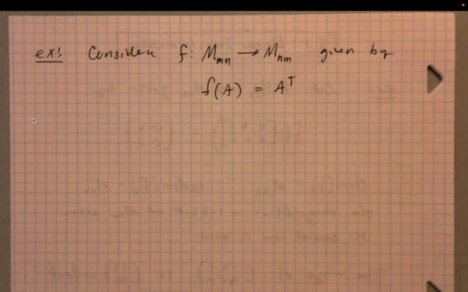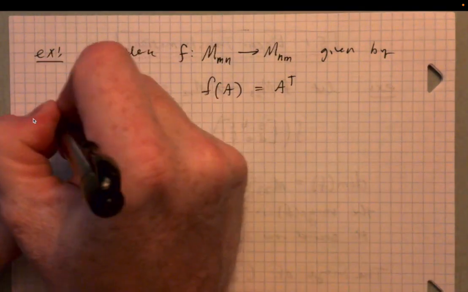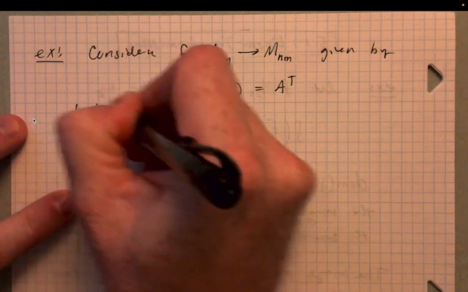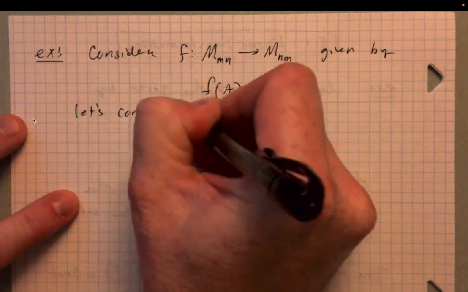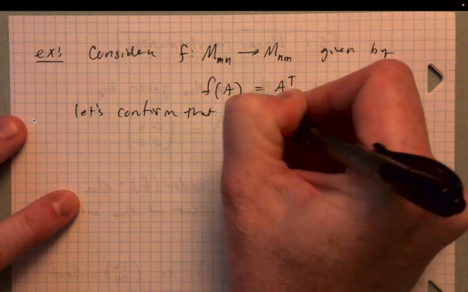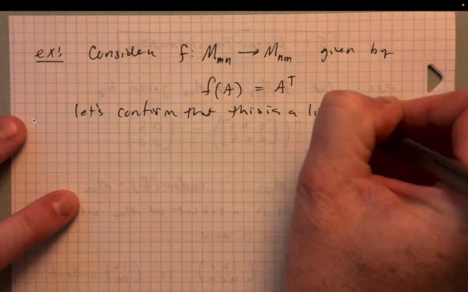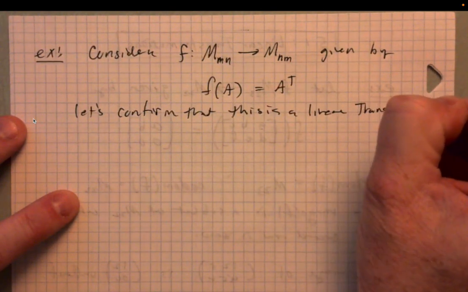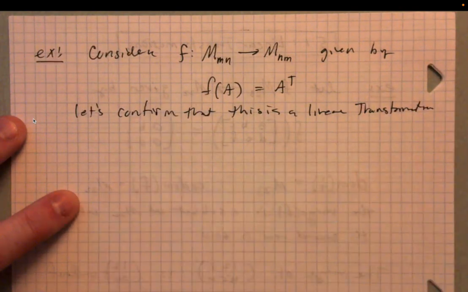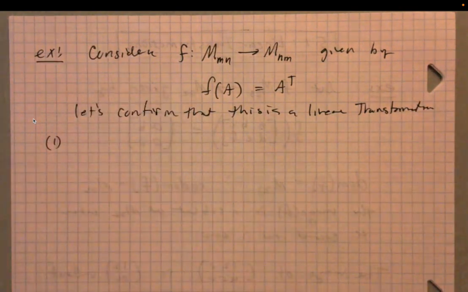That's the function we're defining. Now let's confirm that this is a linear transformation. Basically we have to confirm the two properties.